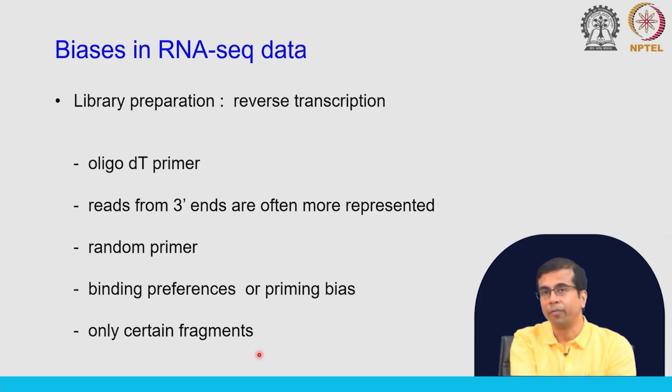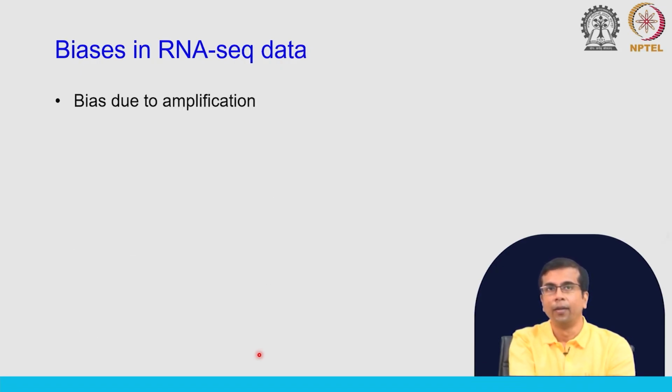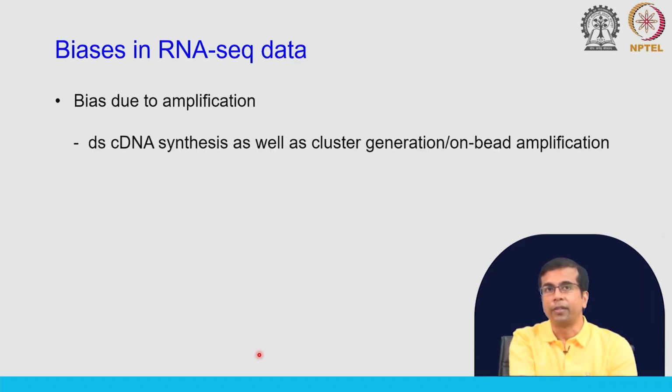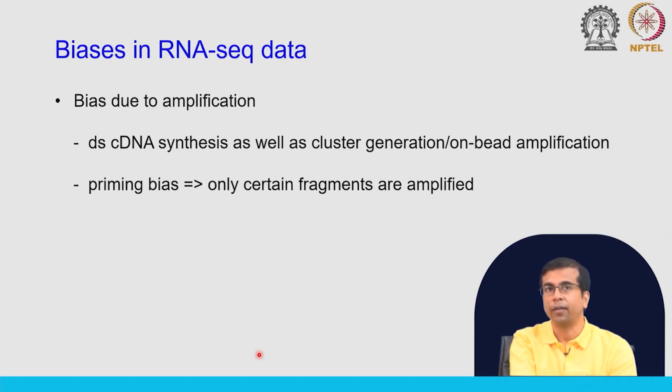So, you can try different ways, but these biases will still be there in the data. You can also have bias due to the amplification step, either in the cDNA synthesis step or in the cluster generation or on-bead amplification. So, you can generate this bias.